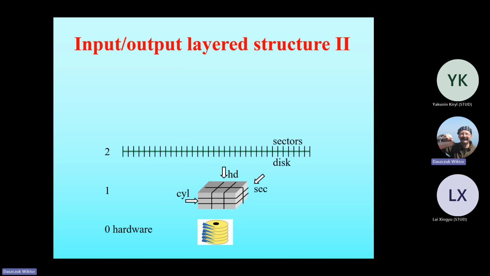On a higher level, we do not look into the physical address. For example, it's typical that the number of sectors on the track is not a power of 2. It's as many as we are able to write with maximum density.